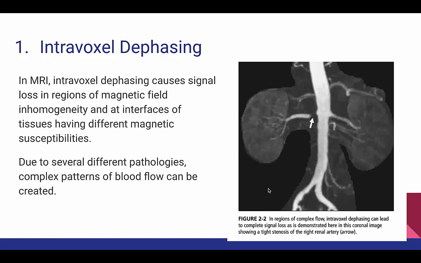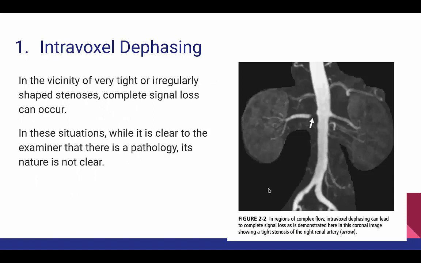And in that case, with things like stenoses, complete loss of signal can occur. And as you can see from the picture, we don't see that part of the vessel, and that could tell the doctor that there's a problem. But for obvious reasons, because we're not really seeing what's going on there, the doctor can't say what sort of pathology this is.